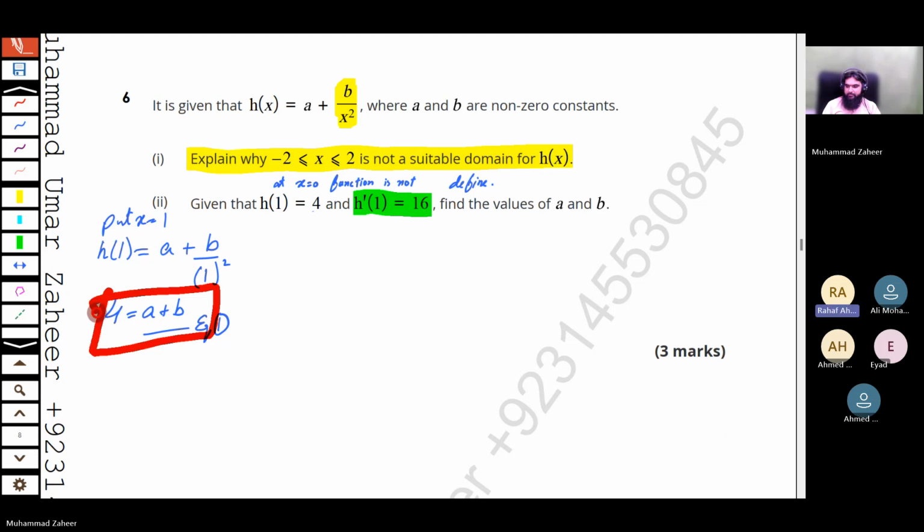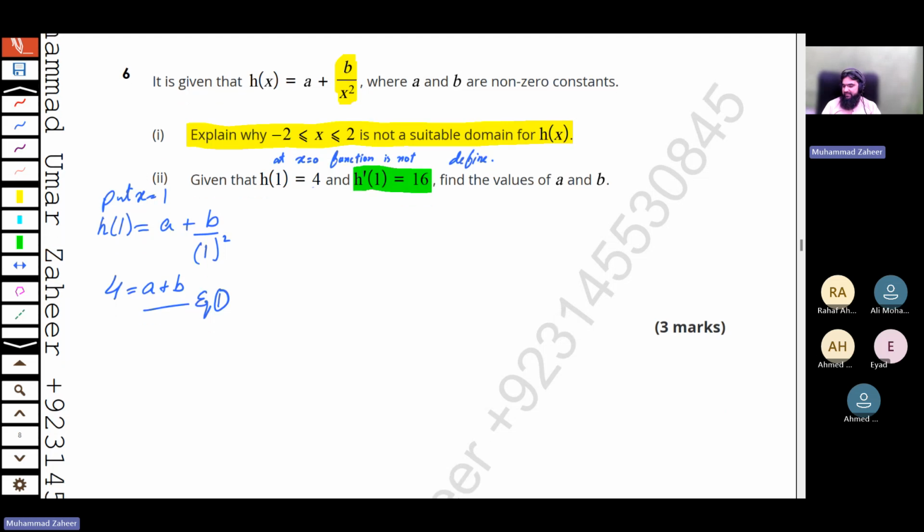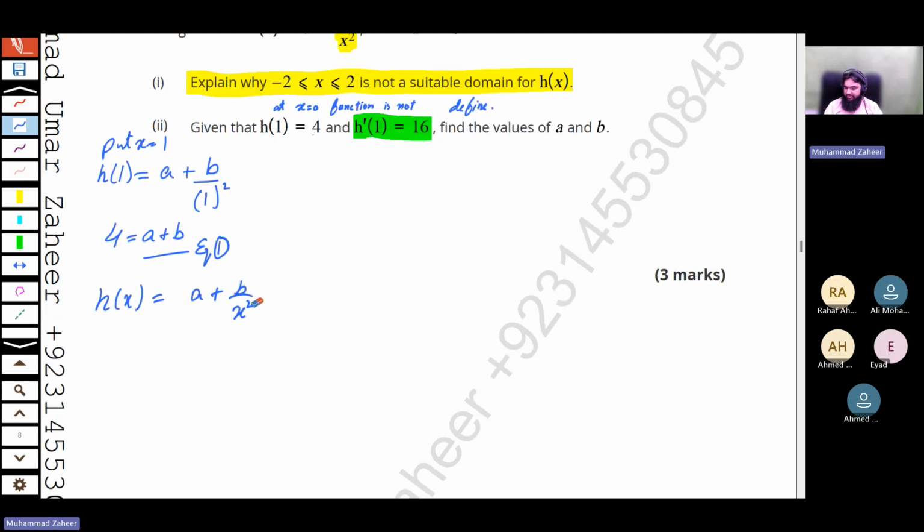Yes, Mister. Thank you. Now, next he says h dash of 1, it is a derivative. We have not done the derivative, maybe you have done it in your 0580. So I'm just going to find the derivative directly. We have h of x, we have b divided by x square here. I'm just taking the numerator, the power will become minus 2.